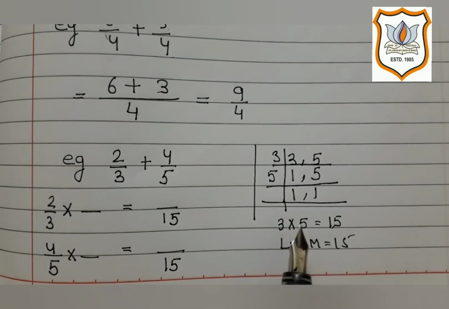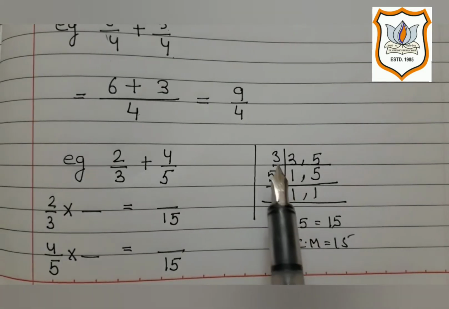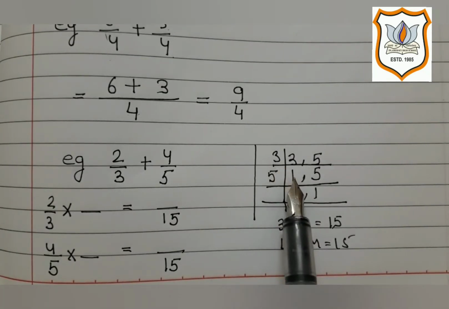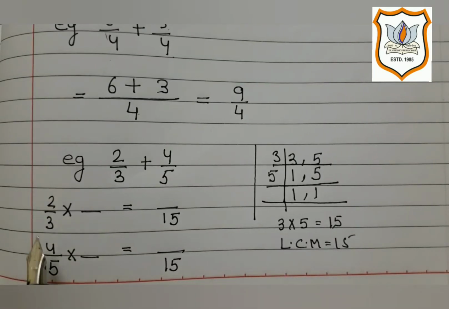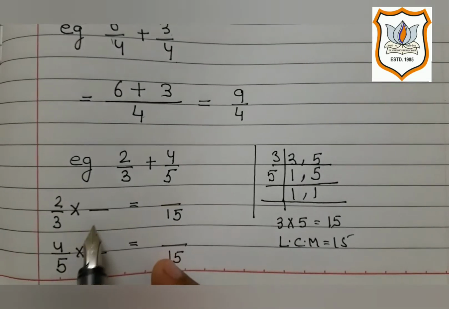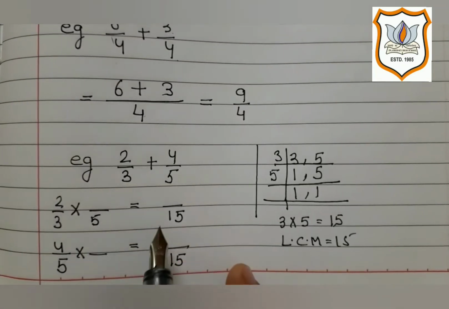So LCM of denominators is 15. 3 into 5 is equal to 15. Now we multiply this 3 by what, so that it will become 15? We will multiply 3 by 5, it will become 15.